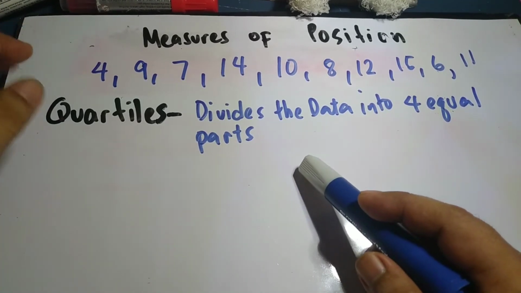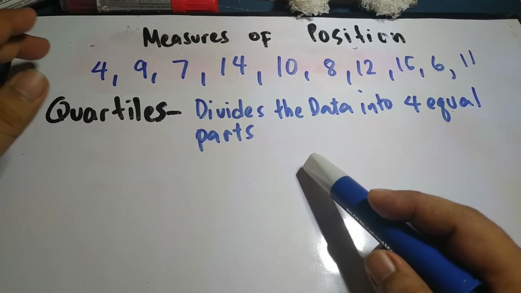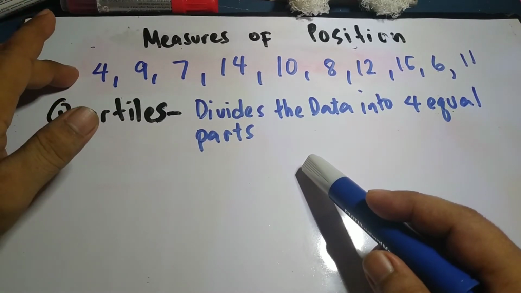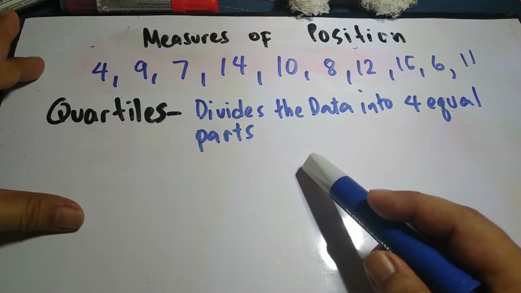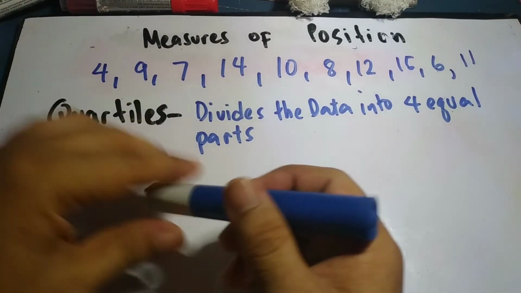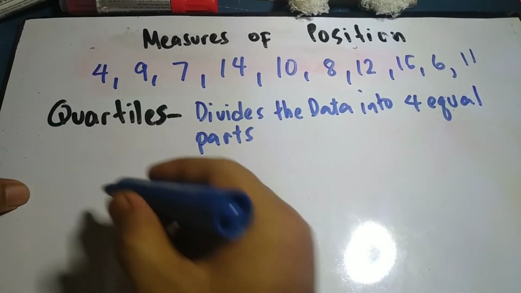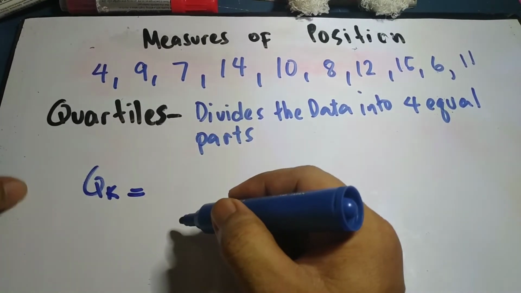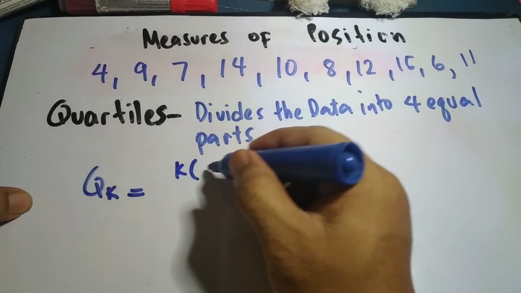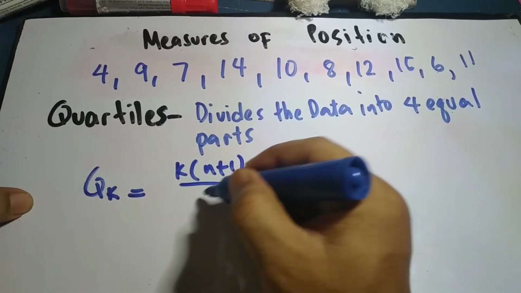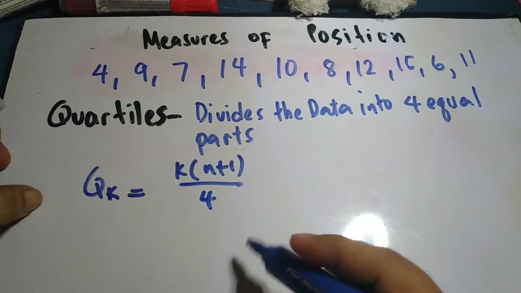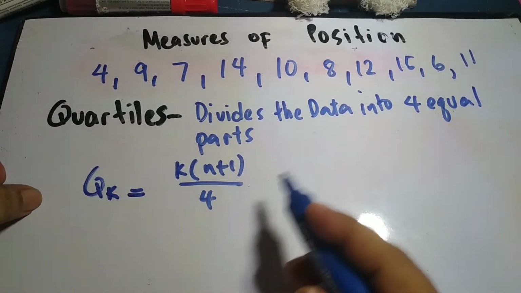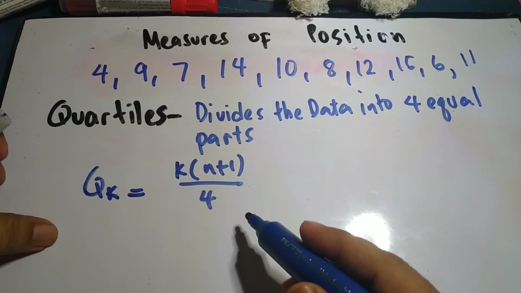So sa taas meron tayong ungrouped data. Okay, so ito yung gagamitin nating example mamaya. So the formula for quartiles, we have Q sub k is equal to k times n plus 1 all over 4. Kasi sabi nga, divides the data into 4 equal parts.